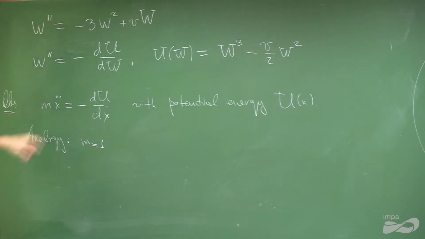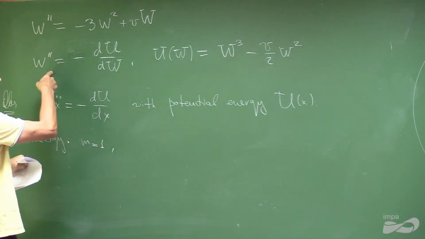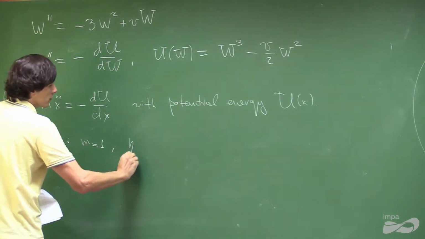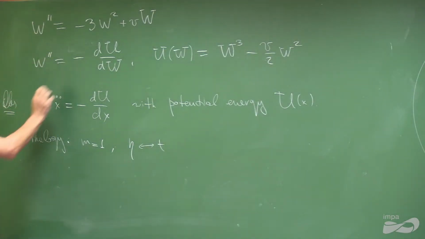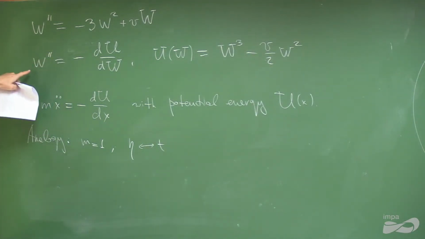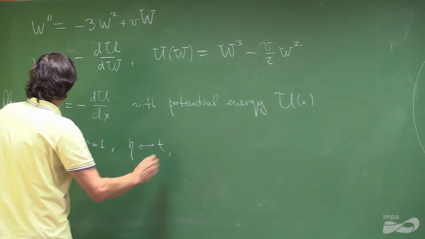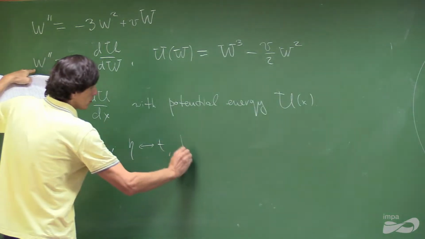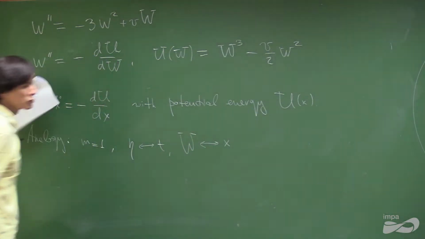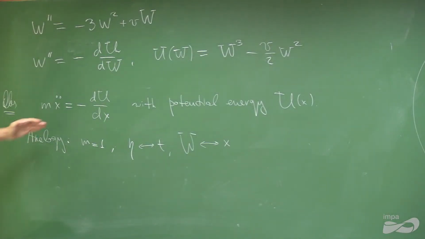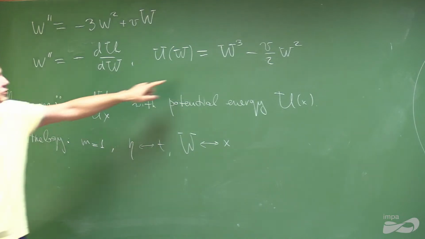Then here it is a derivative with respect to η, so it's the same as time here. So this was the time derivative, this was the η derivative. And then here we have W, and for the particle you have position. It's just the same equation. So we know how to solve it with this potential.